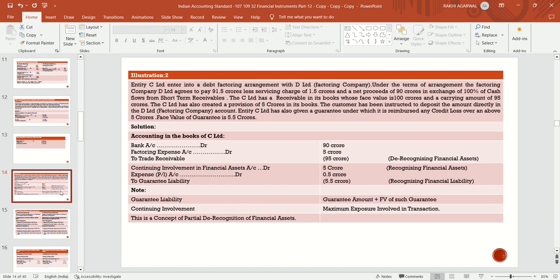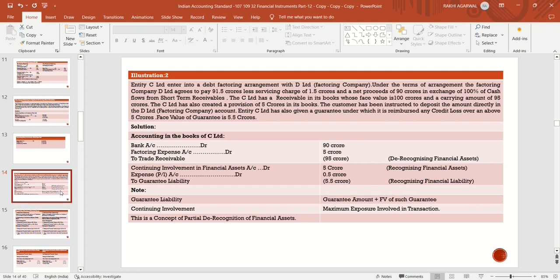C Limited has a receivable in its books whose face value is 100 crores and carrying amount is 95 crores. C Limited has also created a provision of 5 crore in its books. The customer has been instructed to deposit the amount directly in D Limited factoring company's account. Entity C Limited has also given a guarantee under which it reimburses any credit loss over and above 5 crores. Face value of the guarantee is 5.5 crores.